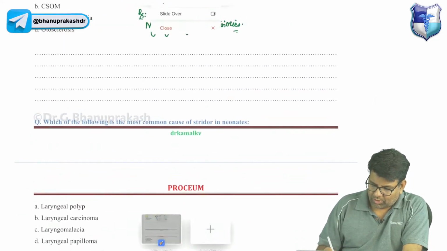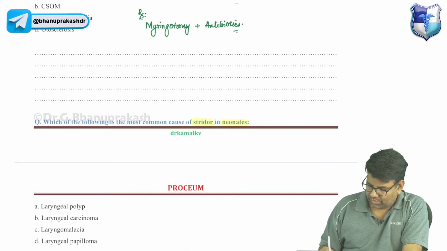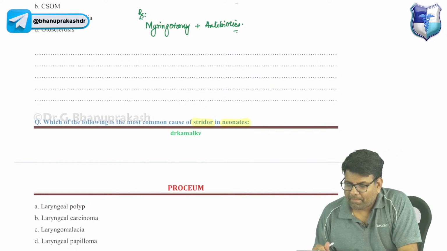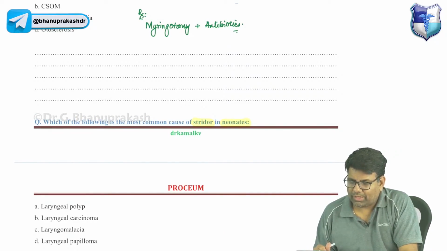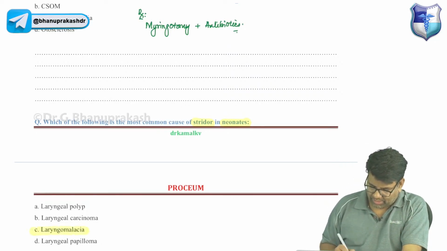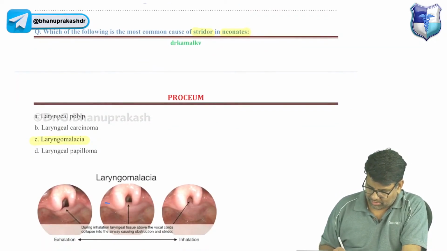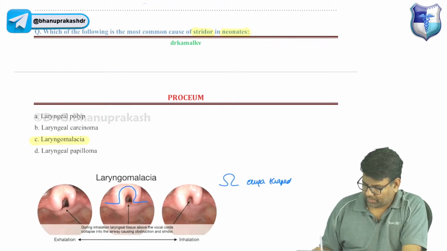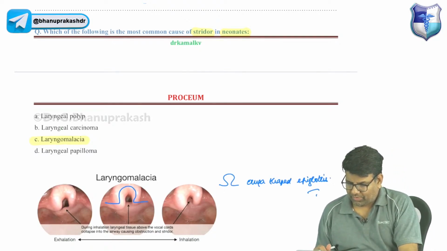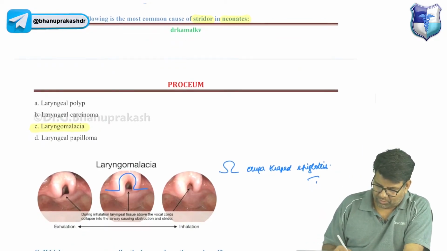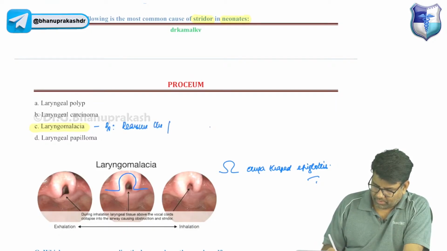Okay, next question, most common cause of stridor in newborn. I think most of you will answer this absolutely right. Yes, so this is laryngomalacia, and you can see a typical shape of the epiglottis, omega shaped. Very typical. And yes, Raghu, it will resolve spontaneously. So treatment wise, just reassure the parents because the condition will resolve spontaneously.